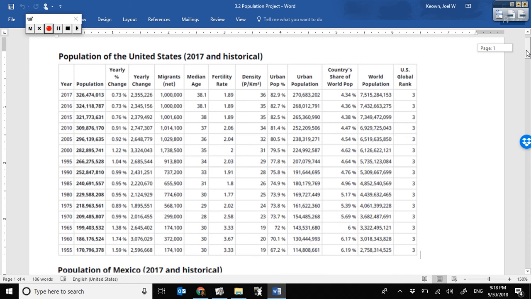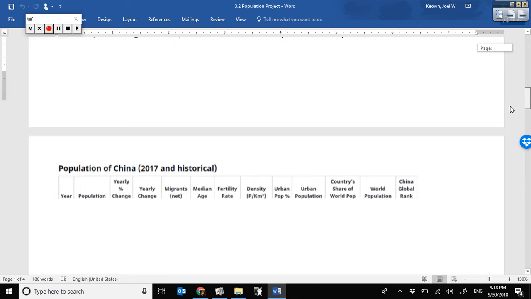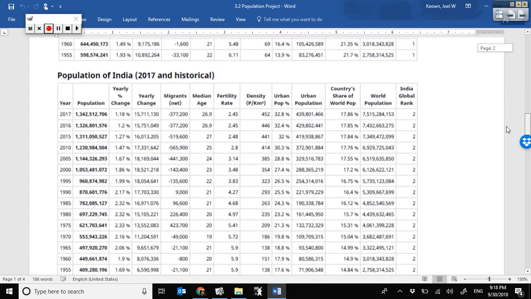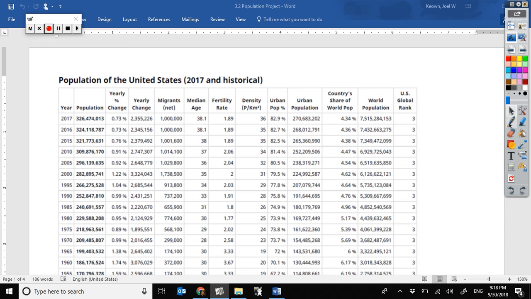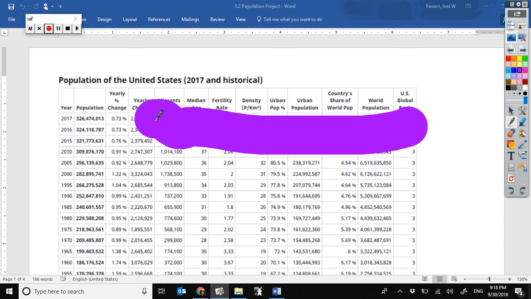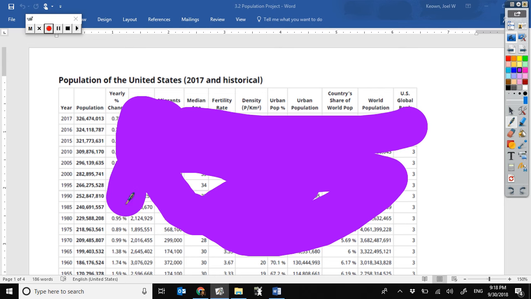Alright, so you'll see that I gave you the population of the United States, population of Mexico, population of China, population of India. You see this huge chart with a ton of data on it. And you do not need most of this data. All you really need is the very first 2 columns.